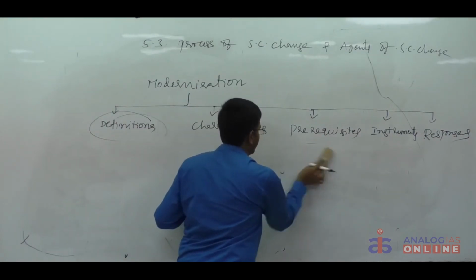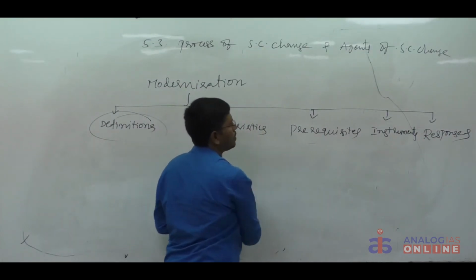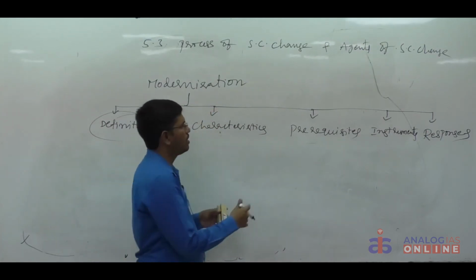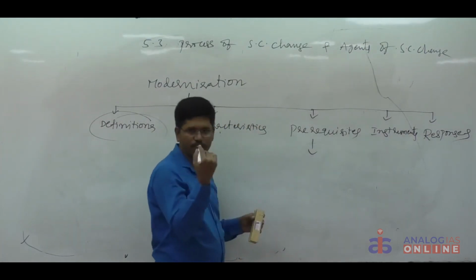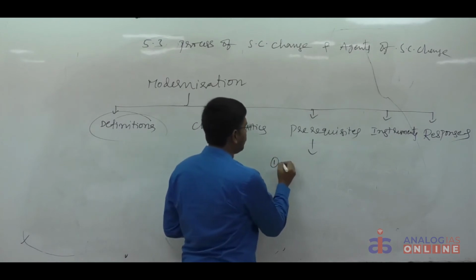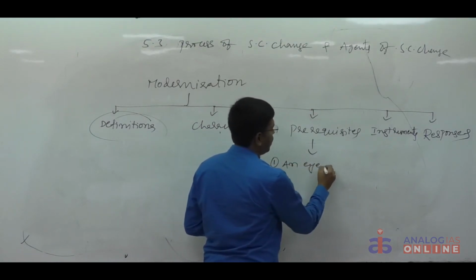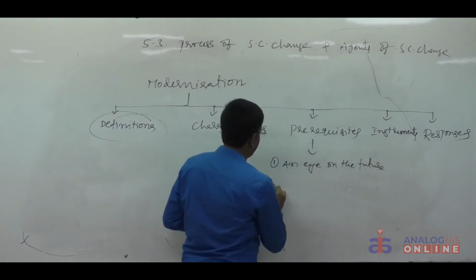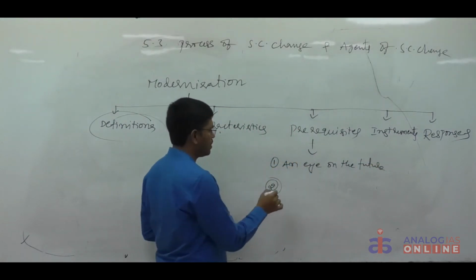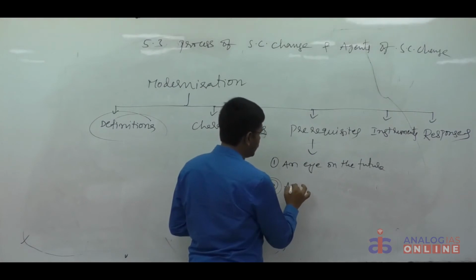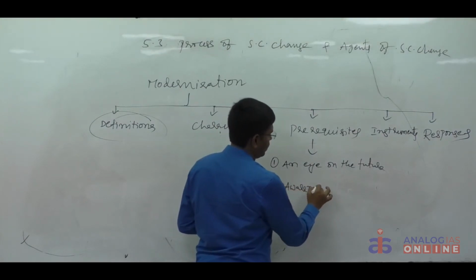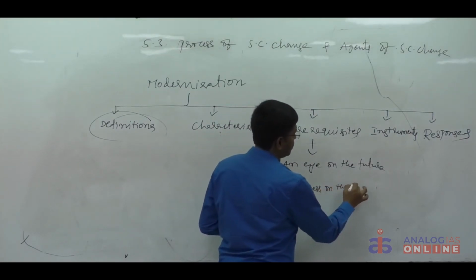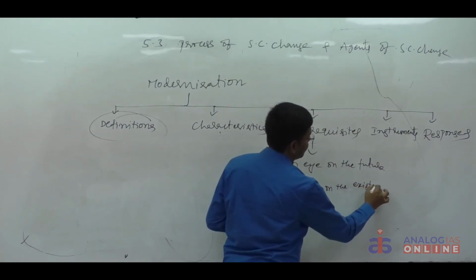Now the prerequisites for modernization to happen in a particular society, what are the prerequisites? First of all, a vision for the future. That means an eye on the future. Second one is an awareness of the existence of other societies.